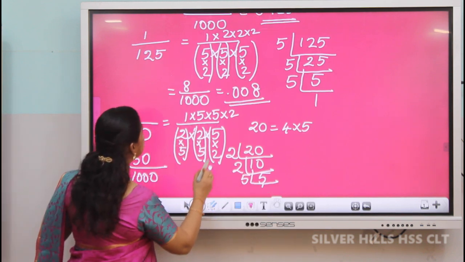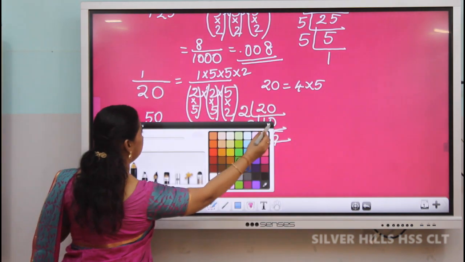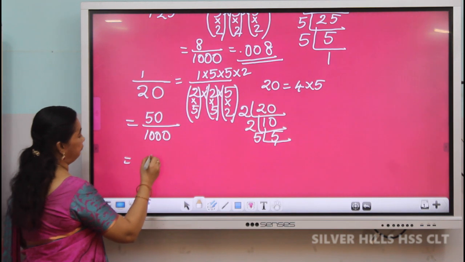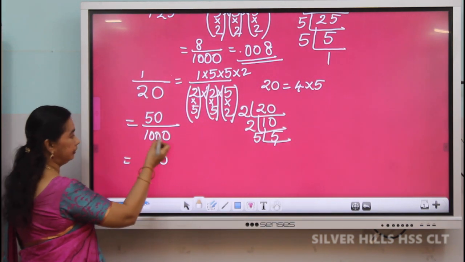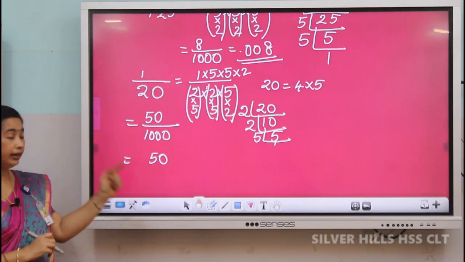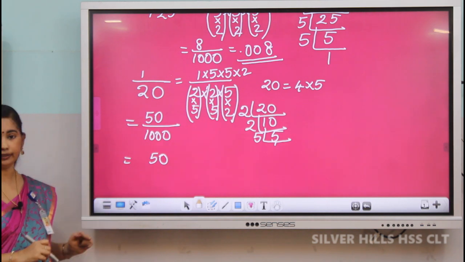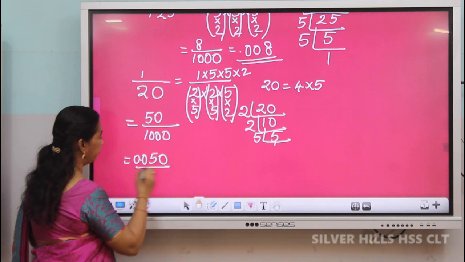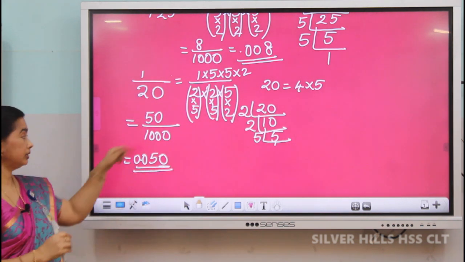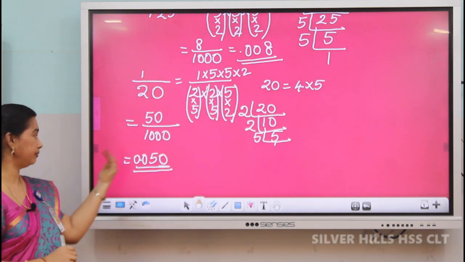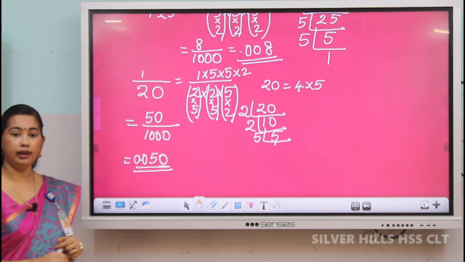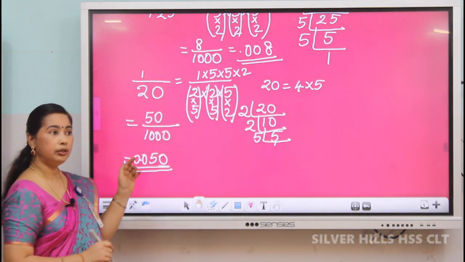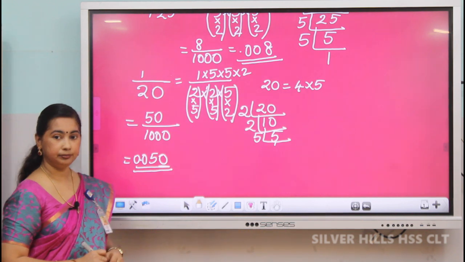So the answer will be 50, first I am writing here, then 3 zeros are there, 3 decimal points to the left side. So it is 0.050, because 3 zeros are there in the denominator, 3 places we have to move it to the left. So that is about 1 by 20.